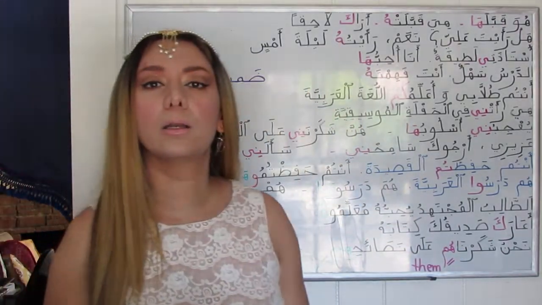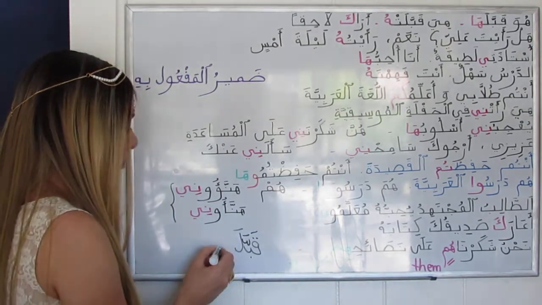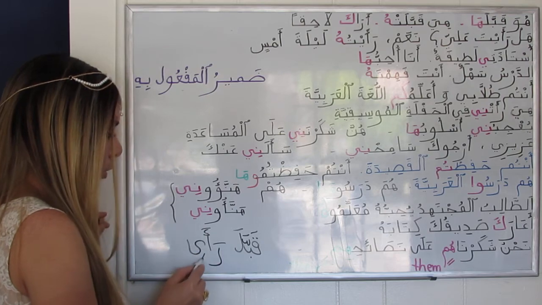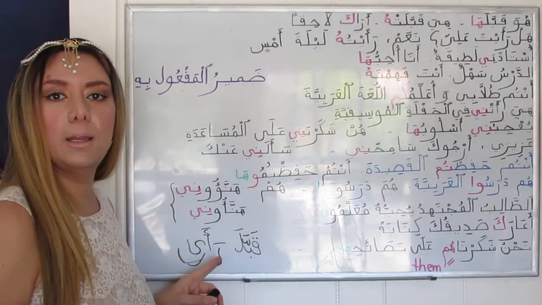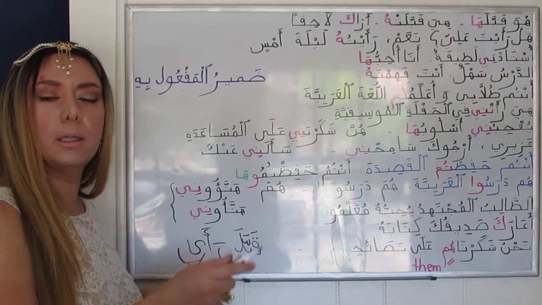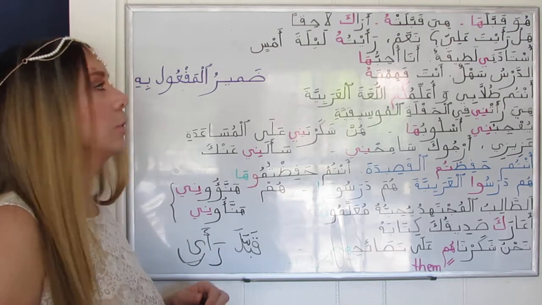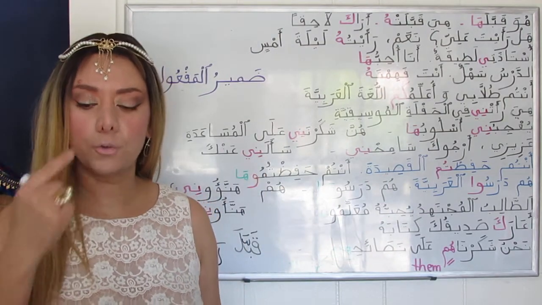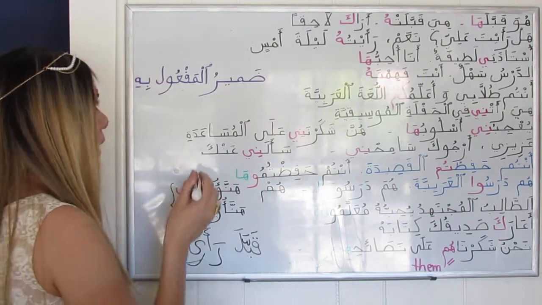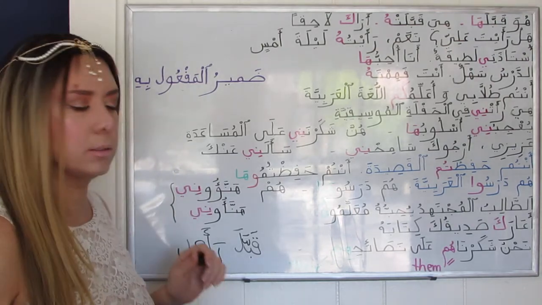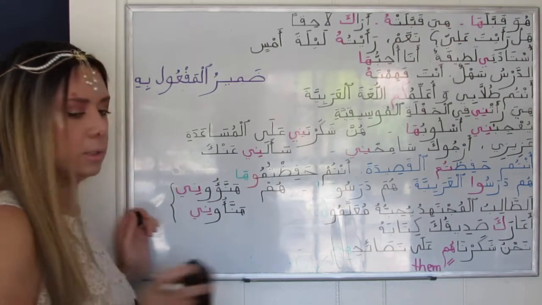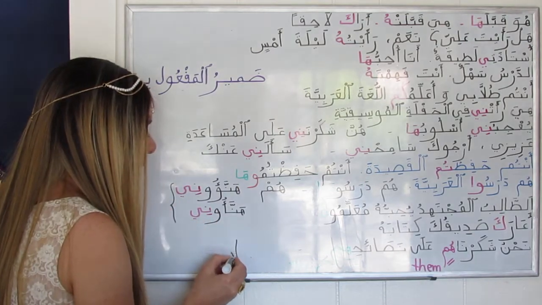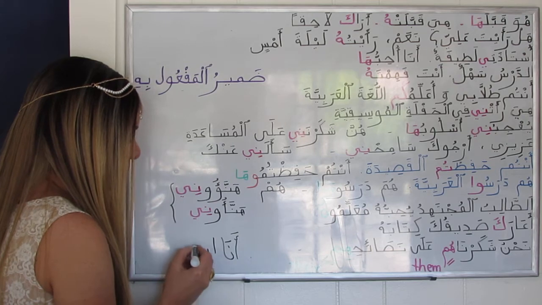أراك لاحقا. The verb رأى, final weak, because of the alif in the end. It's an irregular verb. Here it is conjugated in the present tense, first person. So أنا أرى. If I say I see, I would say أنا أرى.